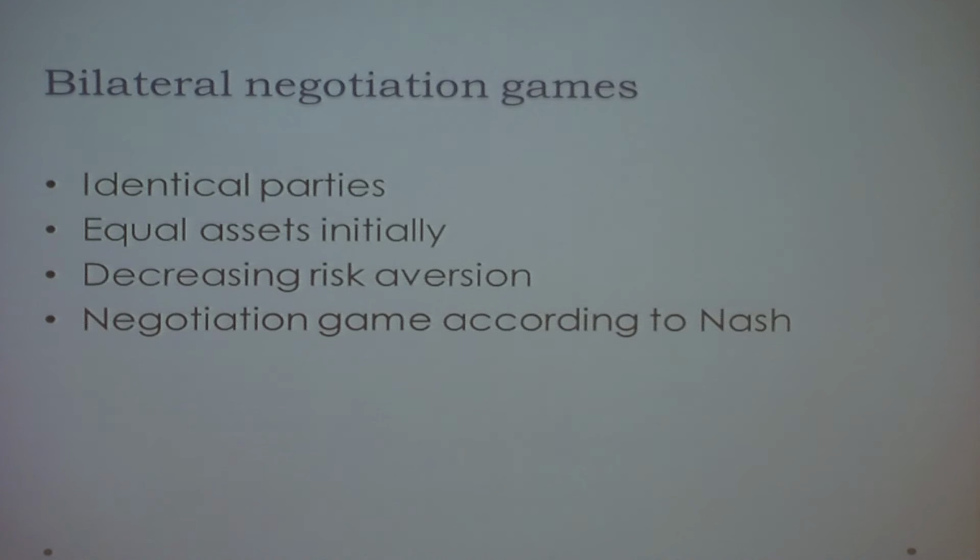So this is not subject to discussion. The fourth assumption is more mathematical by nature. It's the Nash model of negotiation, which provides a mathematical instrument by which we can compute how two negotiating parties will share a pie. We need not go into the details here.